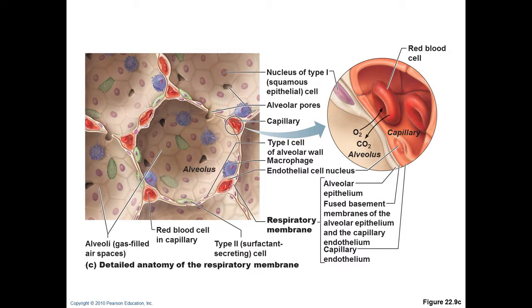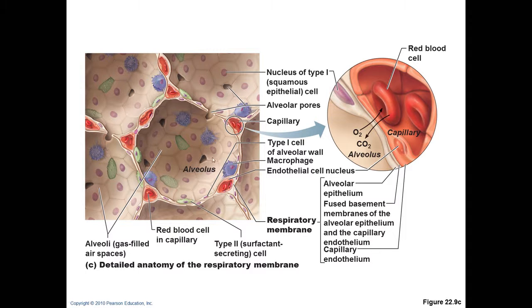And they would if it was not for the presence of what are called surfactants that help lubricate the surface in there and help reduce what's called the surface tension within these little alveoli, where the walls are trying to attract each other and collapse. In fact, sometimes premature babies are given surfactants artificially in their lungs to help prevent their lungs from collapsing because they aren't making them yet very well.